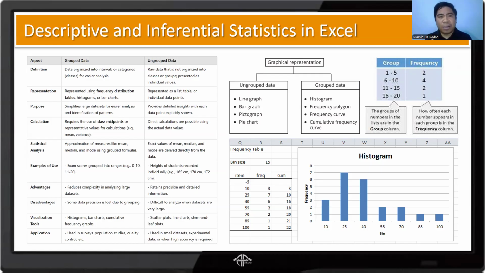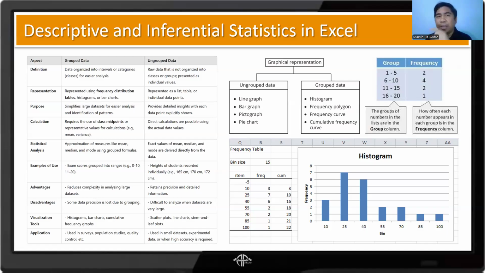If that's the case, it's not a good idea to present them as is. To minimize the presentation, we usually group our data by using some range. So, for example, we count everything that's from 0 to 9. That's one bracket.